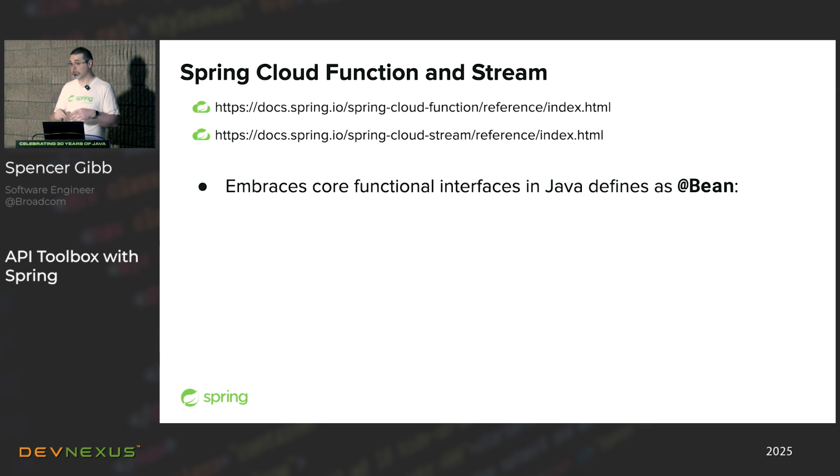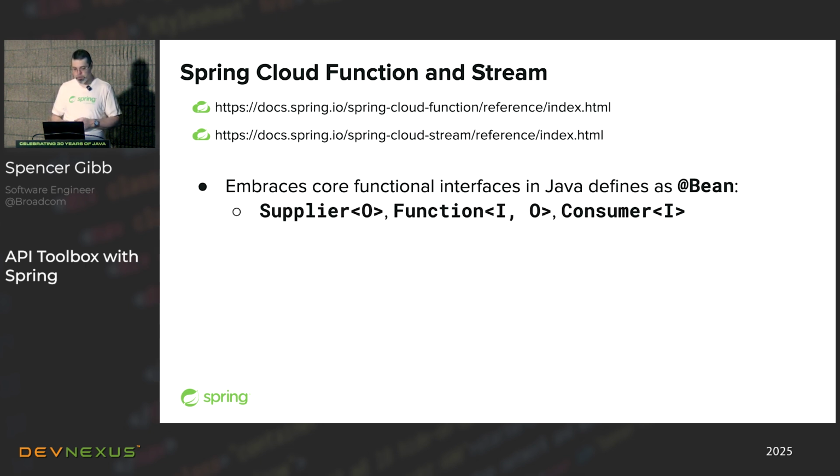So this is not a Spring specific API. Spring Cloud Stream are binders to different messaging technologies. So you can create beans of type supplier, function, or consumer, right? And then these either send messages or receive messages from some kind of message broker.